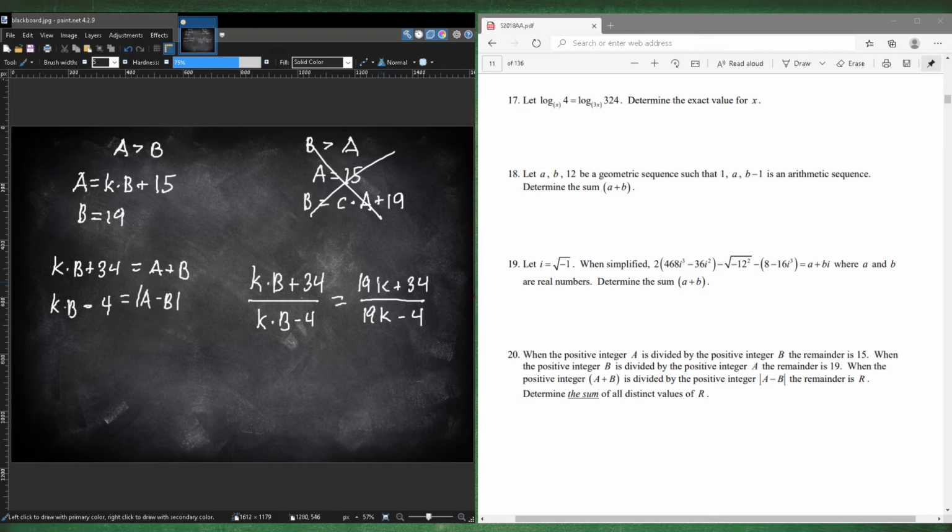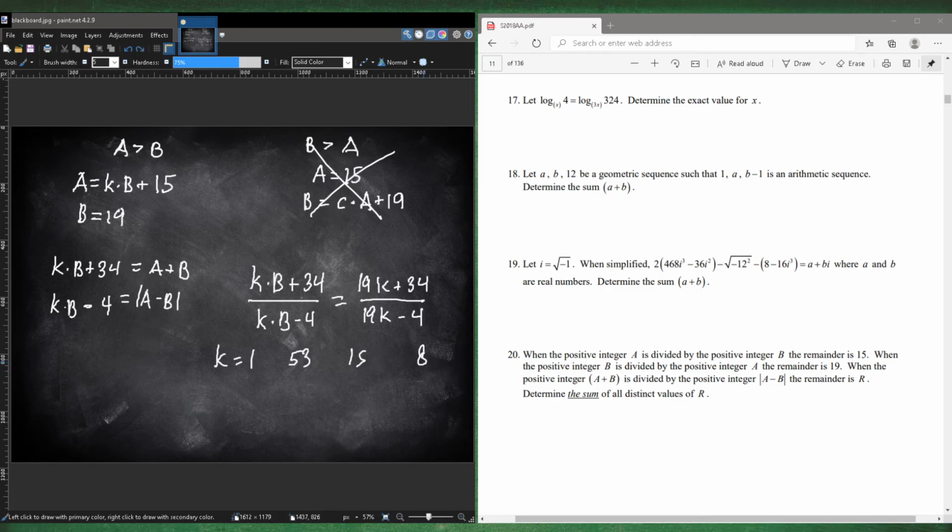And now all you have to do is check using some integers. So let's say k is equal to 1. That will be 19, and that's 53. And the bottom value is 15. So 15 times 3 is 45, and 53 minus 45 is 8. So your remainder is 8, because this number has to be less than this number.